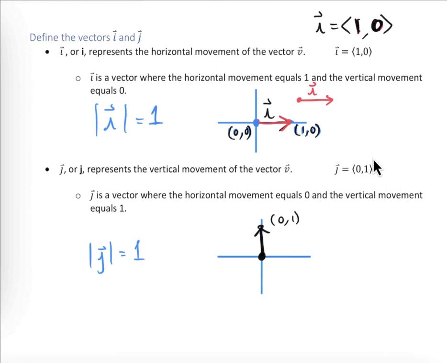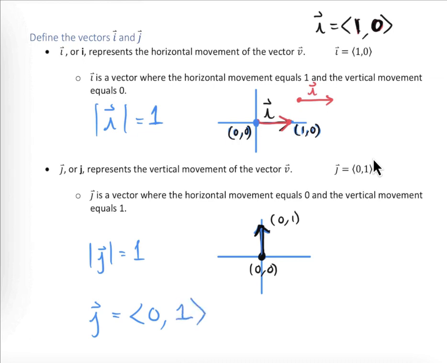Notice that the position vector representation for vector j is, to get from the initial point to the terminal point, we don't travel anything horizontally. There is no change in x to get from the initial point to the terminal point. So no distance horizontally, and then the vertical distance that we travel is +1.